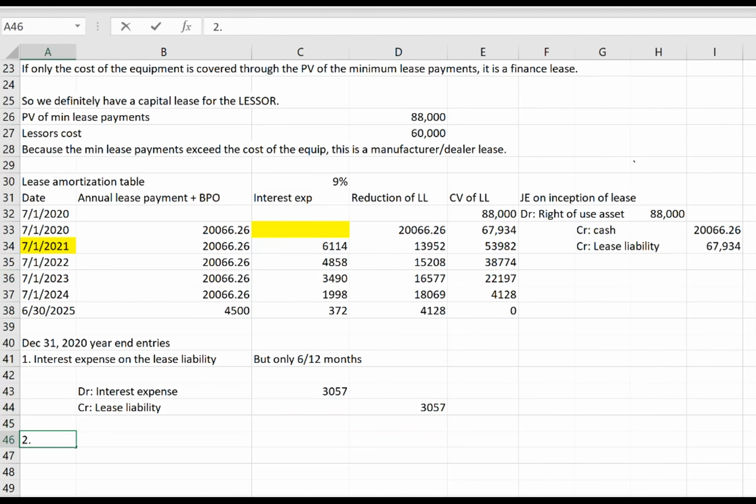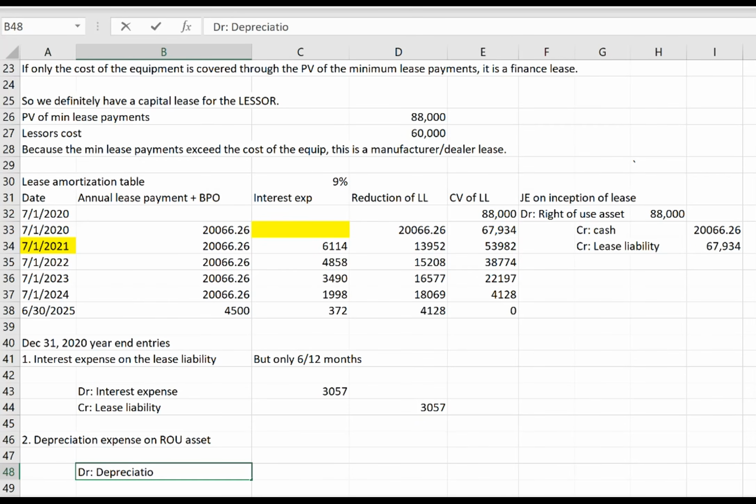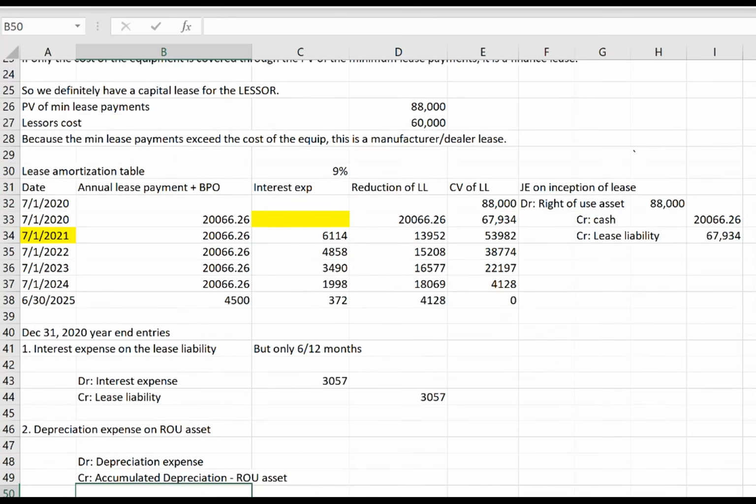And then my next adjusting entry is always depreciation on the right of use asset. So normally I would have debit depreciation expense and credit accumulated depreciation, right of use asset.